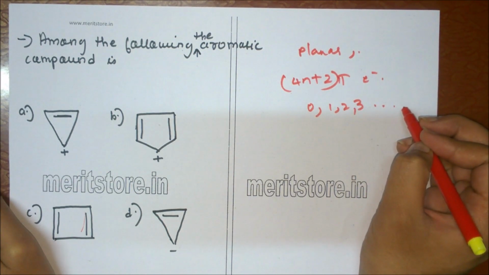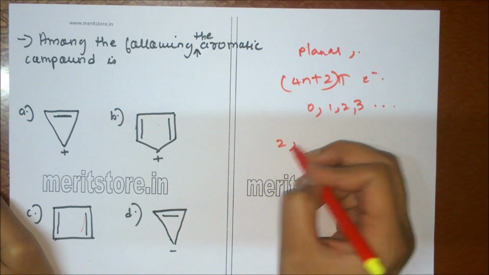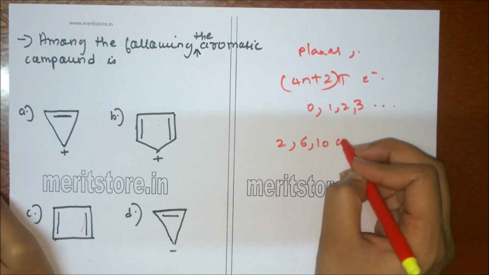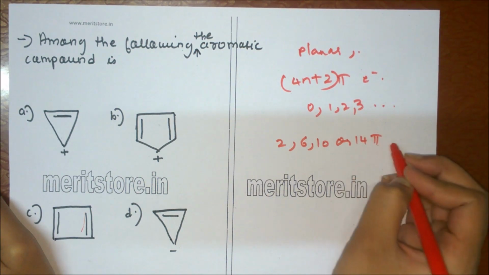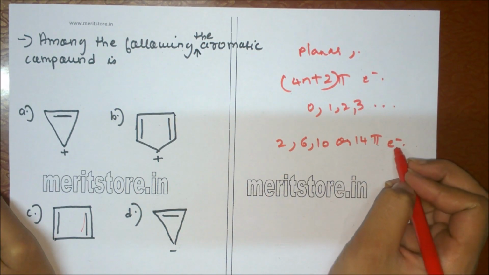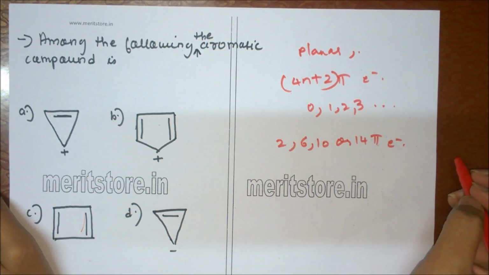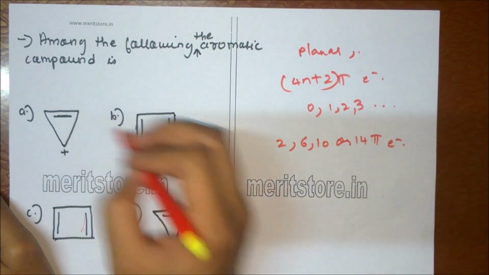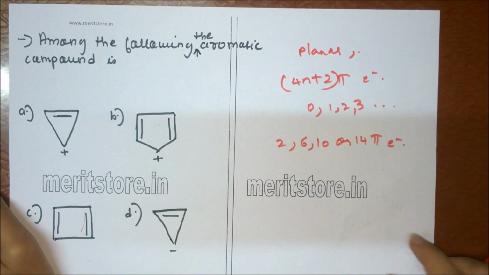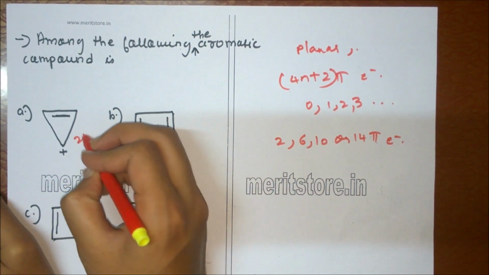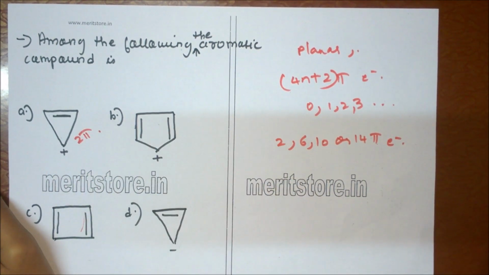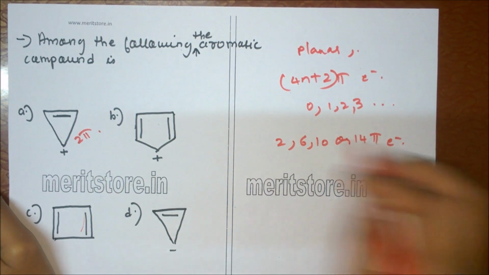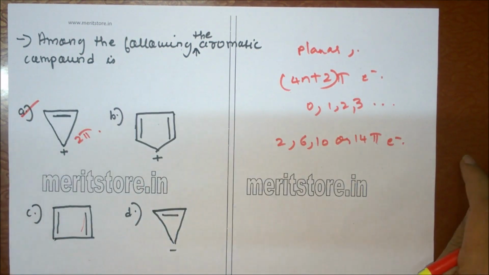Thus, an aromatic compound has a delocalized electron cloud of 2, 6, 10 or 14 pi electrons. The cyclopropenyl cation, option A, has 2 pi electrons, where n is equal to 0. So it is aromatic. So option A is the correct answer.